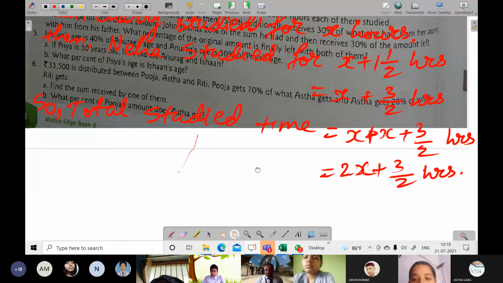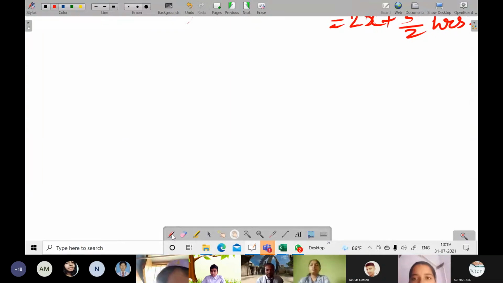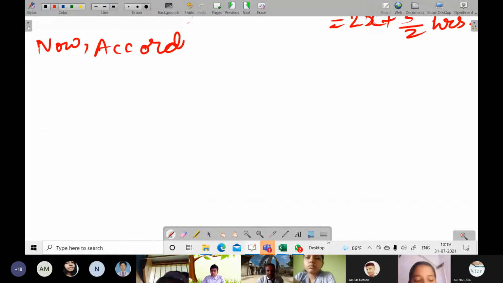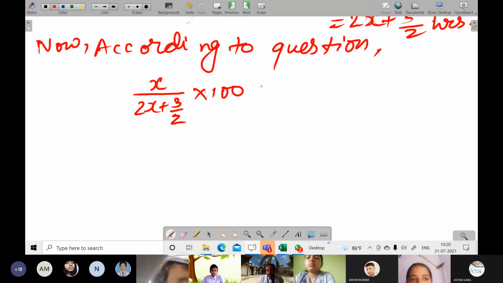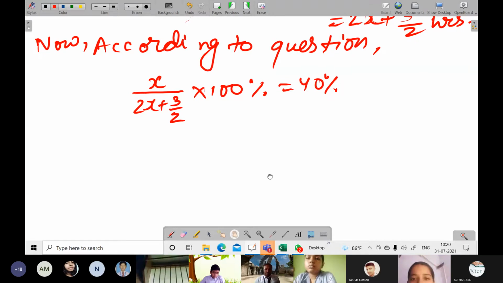Now according to the question, Cherry is studying for 40% of the time. So Cherry studies for x, and the whole time is 2x plus 3 by 2. For finding percentage, we do into 100% is equal to 40%. So this will come this side.